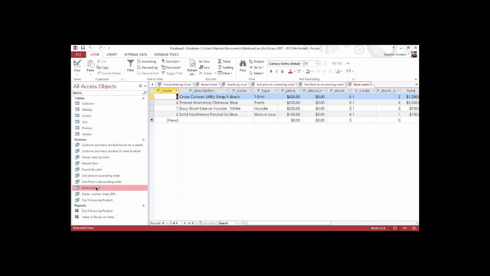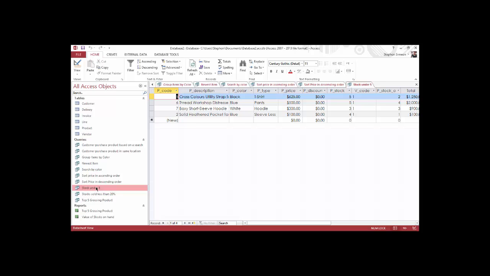And now, employees from the company would use this one in particular. This one shows stocks that are under 5.